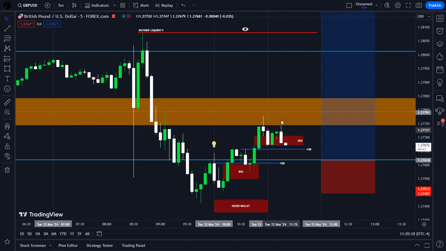These drops are coming off the high resistance, the 30 minutes inversion, but eventually we will gain some momentum and break through that. So back into that bullish order block.